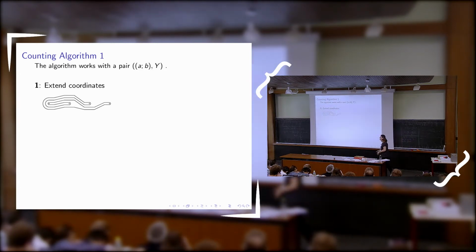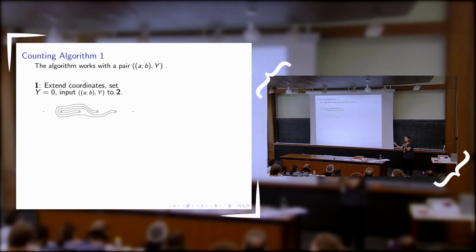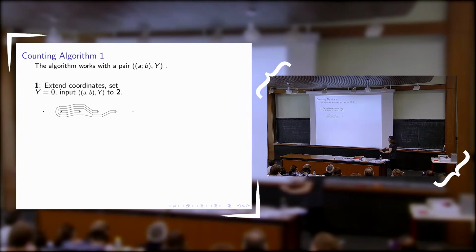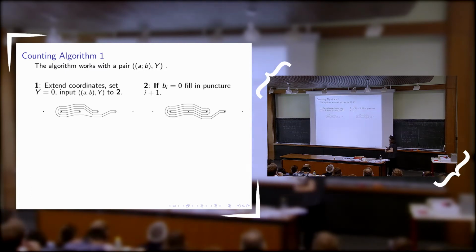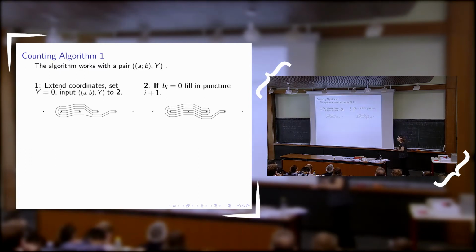erased. We first extend coordinates, which means that we add 2 dummy punctures to the surface. This is for computational reasons; it helps us to make computations in an easy way. The second thing, after extending, we seek the B coordinates such that BI is equal to 0, so if there is a puncture to fill in or not.